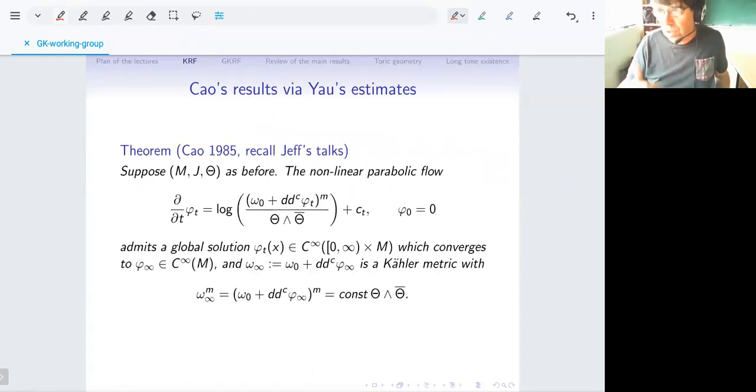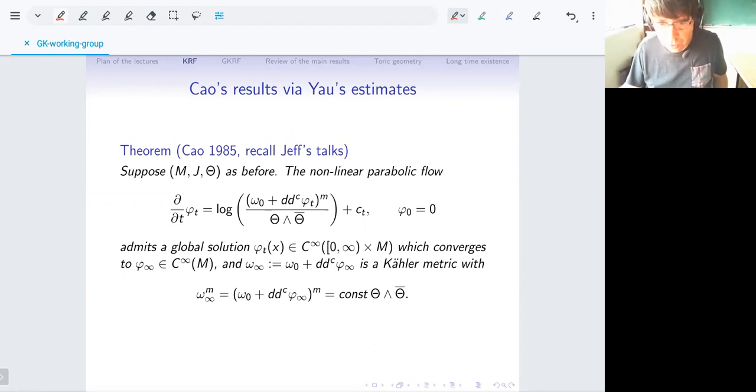And using this as a starting point, Cao in '85 proved this beautiful result, which gives an alternative proof of the Yau theorem, which says that this nonlinear parabolic PDE, if we normalize it in a certain way, will admit a global solution, defined for all positive values of t, and moreover, it will converge to something.